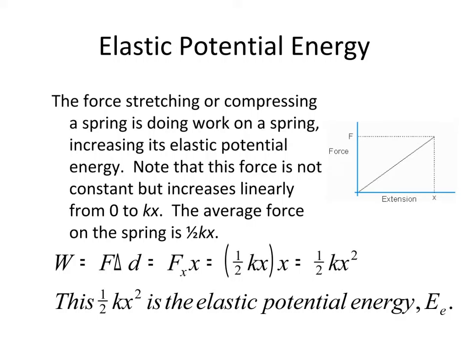So if I want to calculate the work done on the spring, I can take that average force and multiply by the deformation, so 1/2 times kx times x, and I get 1/2 kx squared. So this gives me an expression for the work that I've done in stretching the spring, and so that must also give me the expression for the elastic potential energy for the spring, or in other words, the energy that's stored in the spring once it's been stretched or compressed.